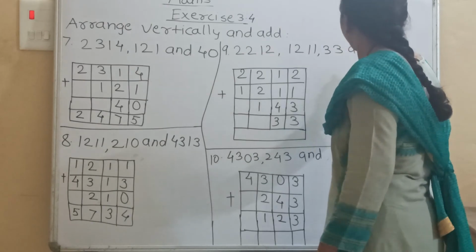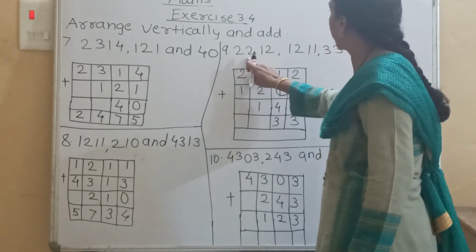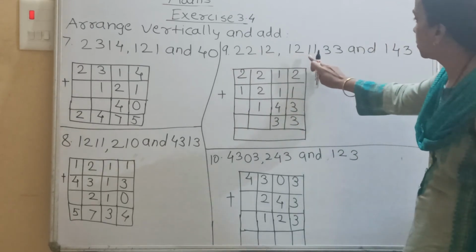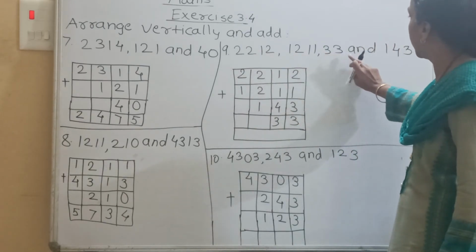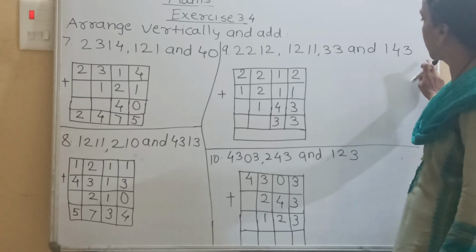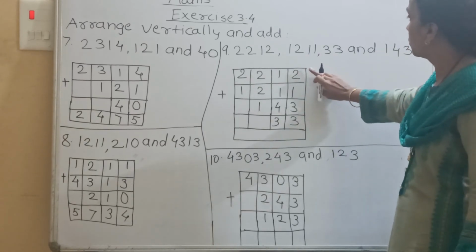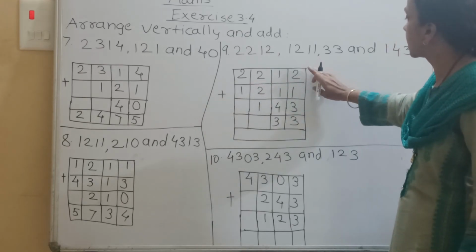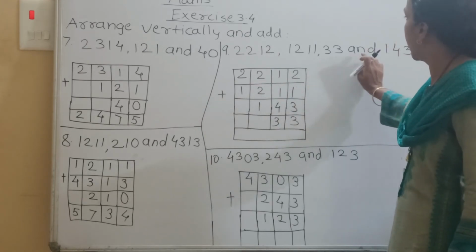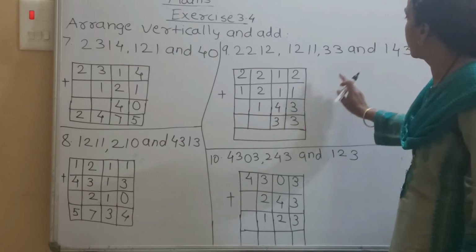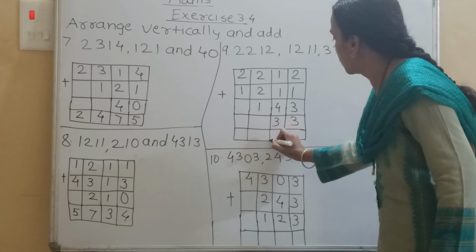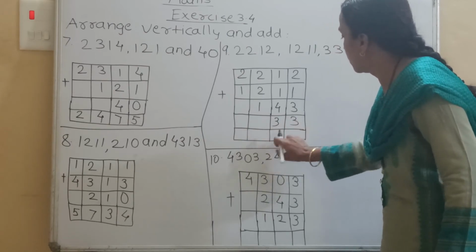Now see 9th question. 9th question is what? 2212, 1212, 33 and 143. So again we have to first write down all 4 digits number like this, one below the other, and then 3-digit number, and then 2-digit number. Then we will start to add.